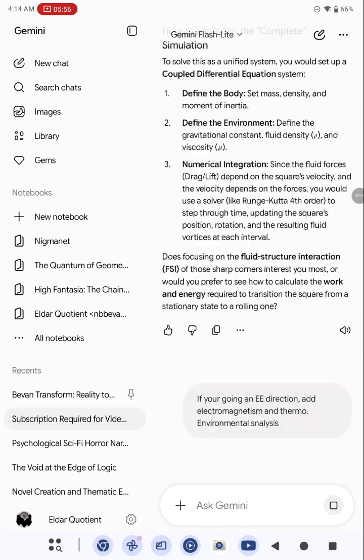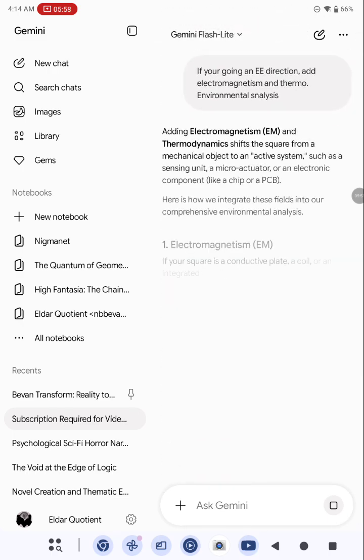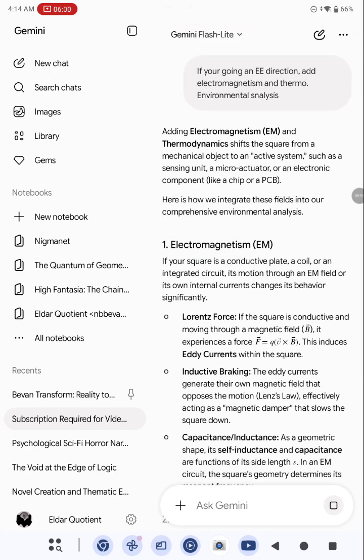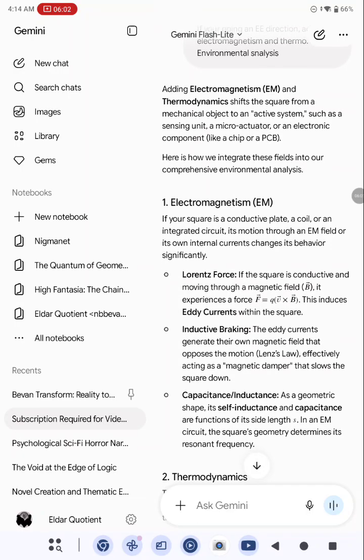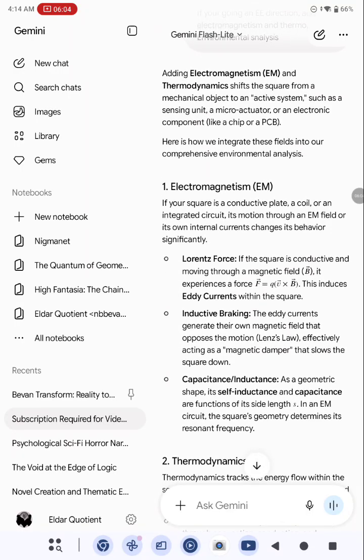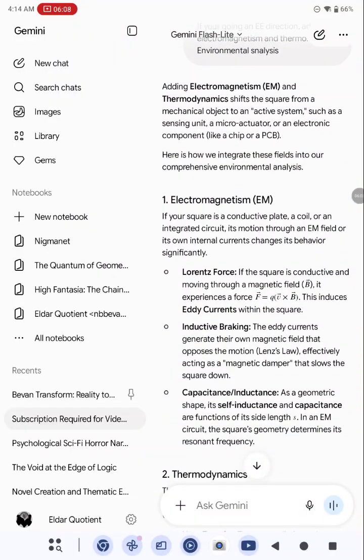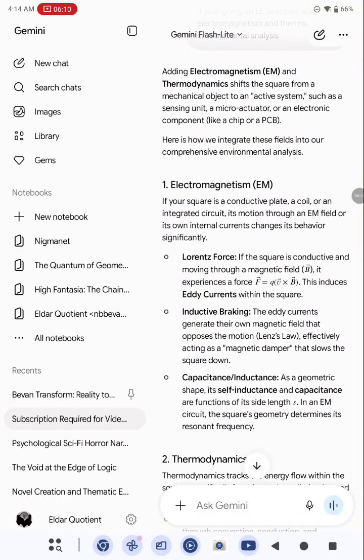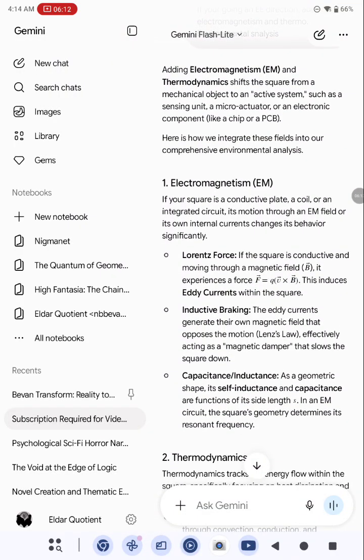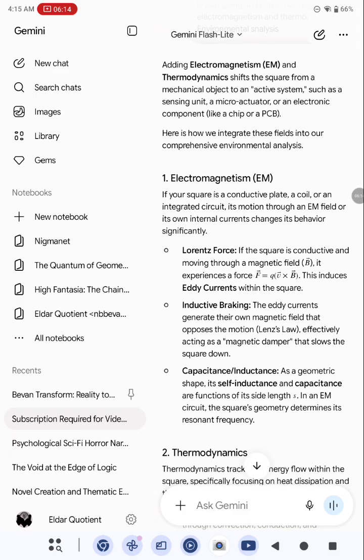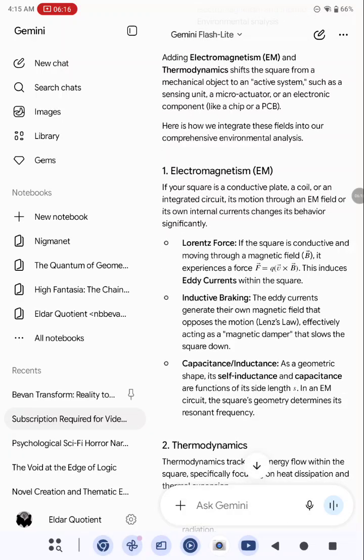What's happening when it's just sitting around in the environment? If you add electromagnetism and thermodynamics, it shifts the square from a mechanical object to an active system, such as a sensor, a micro actuator, or an electronic component, the little square thingy.